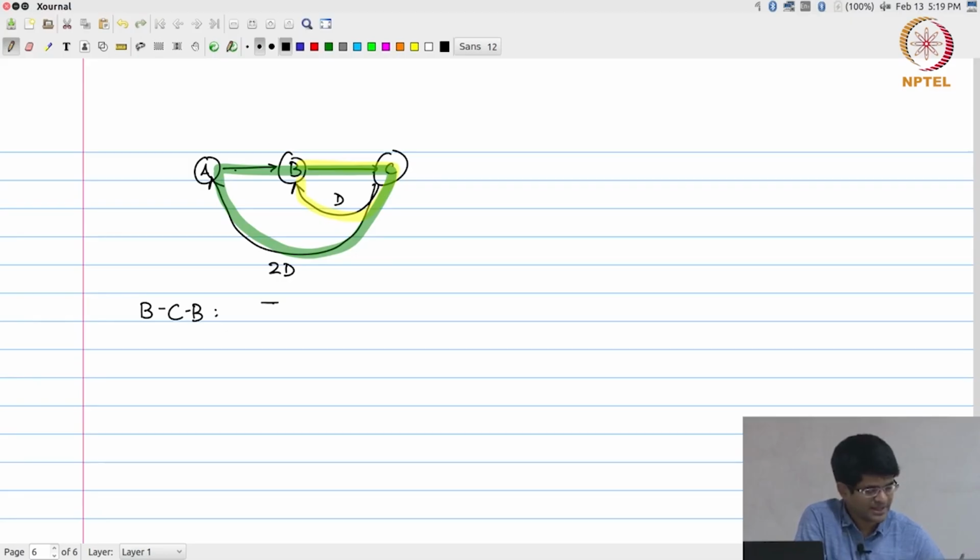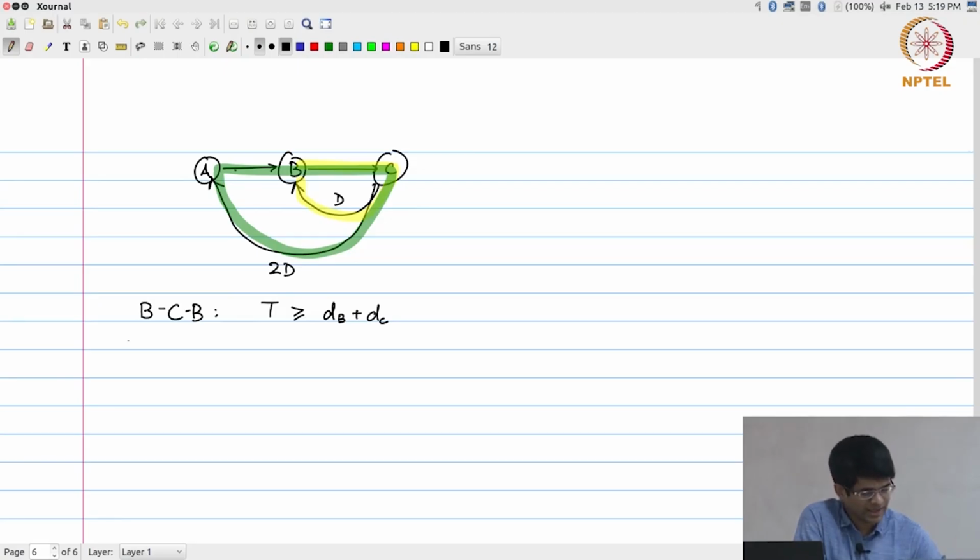This has a constraint saying that t must be greater than or equal to dB plus dC, because if I write down the constraints just for that one loop alone, there is one delay element on that loop, and therefore t must be greater than or equal to dB plus dC as far as that particular loop is concerned.